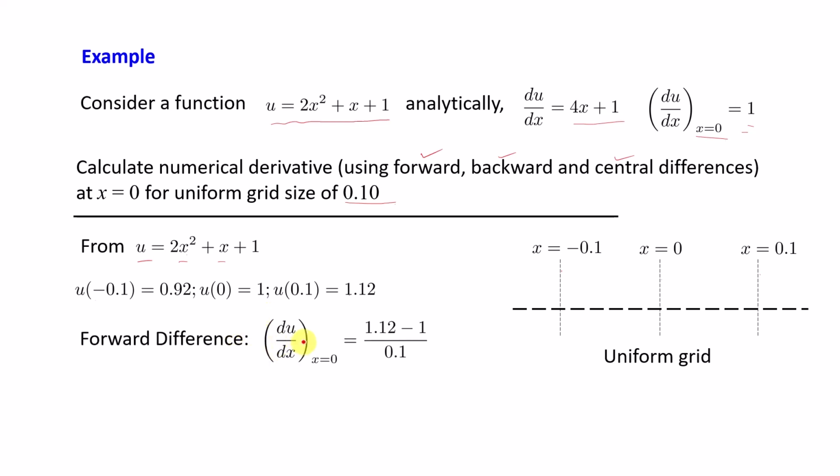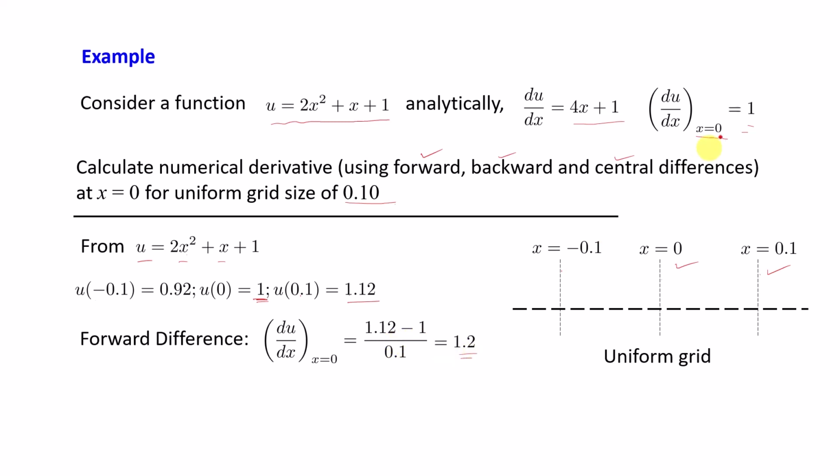Forward difference is coming from here to here. That means here at 0.1, this is 1.12. So this is 1.12 minus 1, divided by delta x, that is 0.1. So that gives me 1.2.